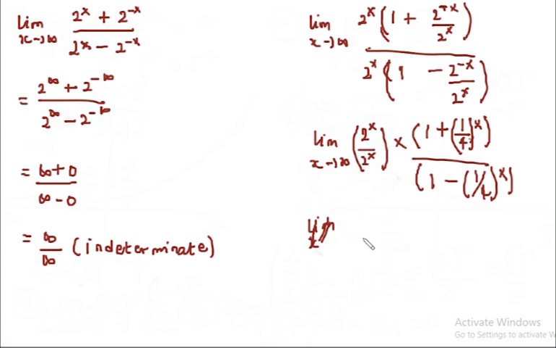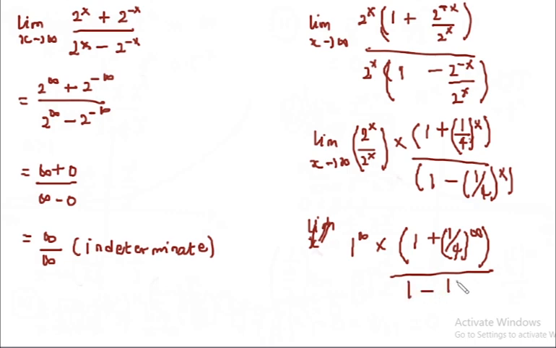So 2 over 2 is simply 1. So this is 1 to the power of infinity times, I have 1 plus 1 over 4 as x approaches infinity, divided by 1 minus 1 over 4 as x approaches infinity here.